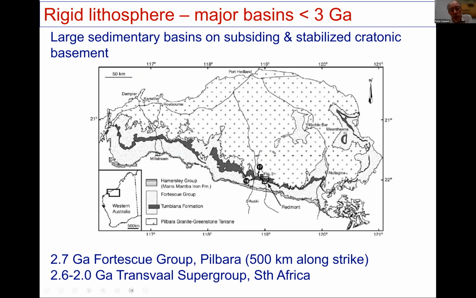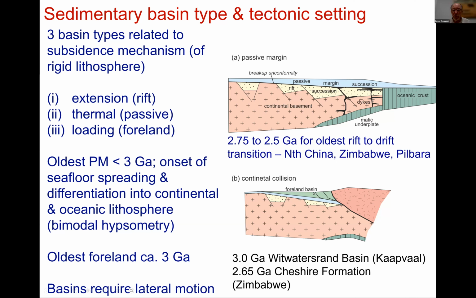So the question then becomes, well, what are the oldest passive margin successions in the geological record? What are the oldest foreland basin successions in the geological record? And again, these aren't always cut and dried. What I might call a foreland basin, you might disagree with.